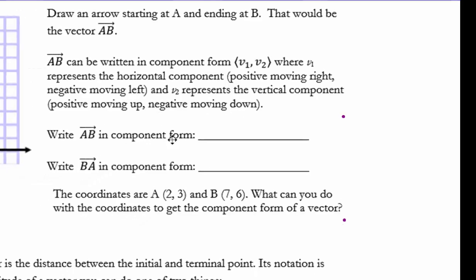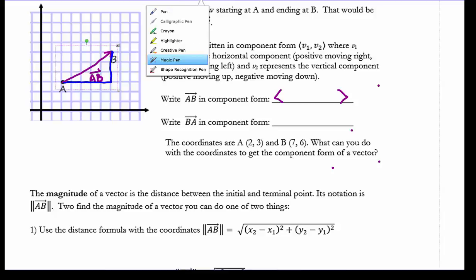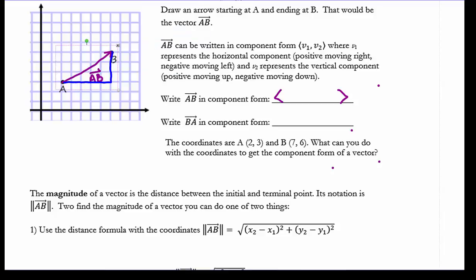So if we want to write AB in component form, to get from A to B, I go over, let's count it here, 1, 2, 3, 4, 5 to the right, and 1, 2, 3 up. So 5 right, 3 up gives me the vector ⟨5, 3⟩.